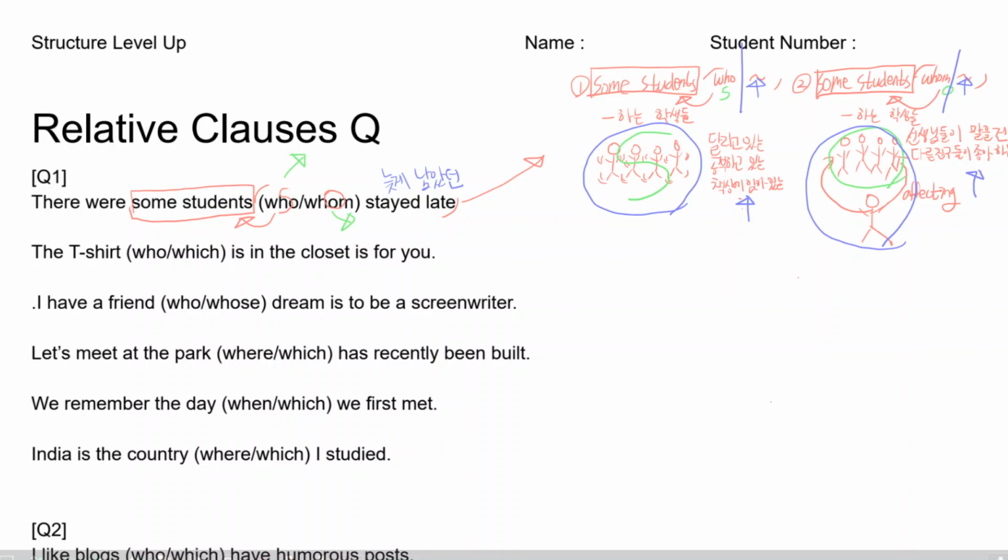Is it something that the students were doing, or is it something that others did to the students? What do you think? Yes, this one is correct, right? So 늦게 남았던 학생들. If you said that, that means some students stayed late. They did that. So we should use the subjective, right?